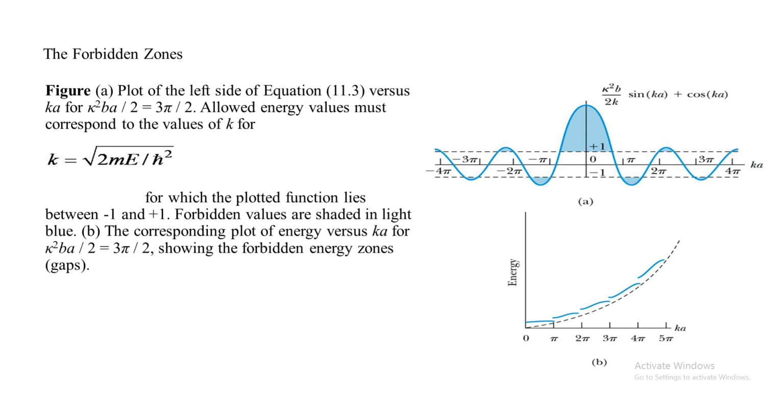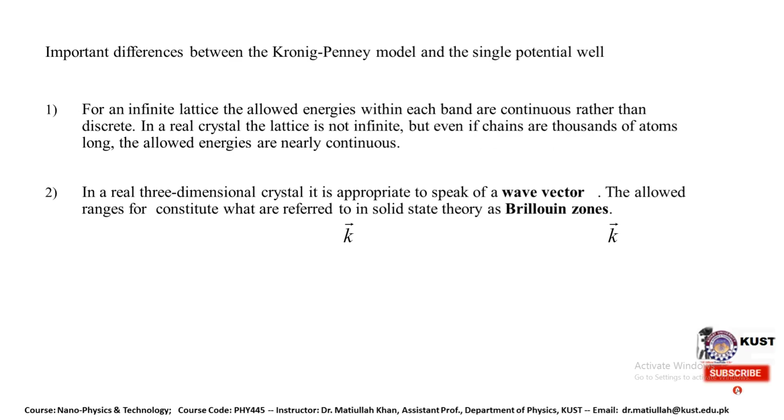We see that the electron can easily migrate between the allowed energy regions, leaving behind the forbidden energy range. There are some differences between the Kronig-Penney model and the single potential well model, but anyhow all these models are provided to explain the periodic behavior of electrons inside metals.